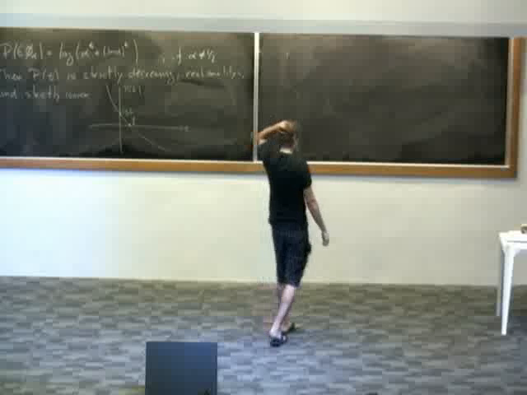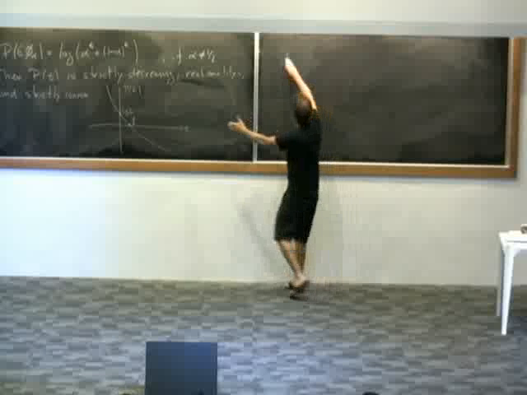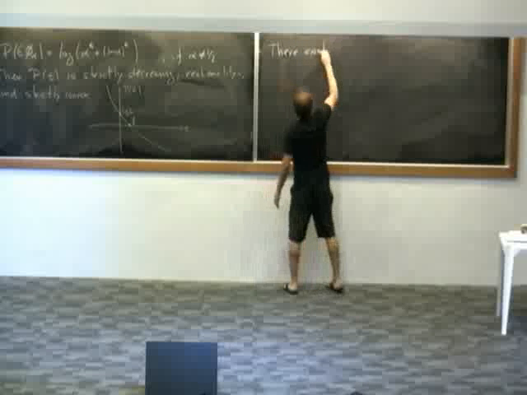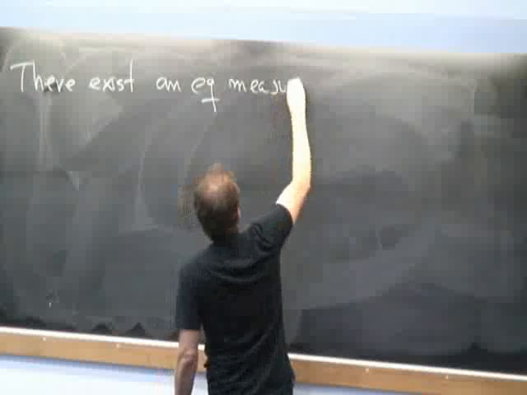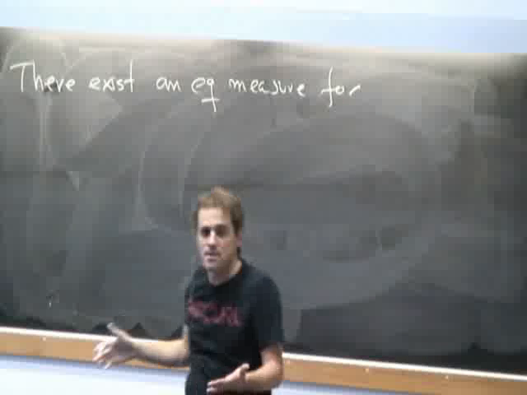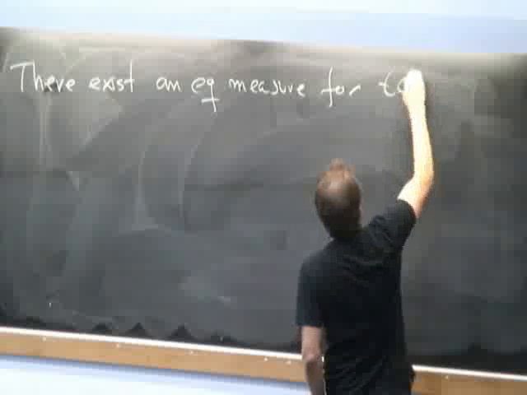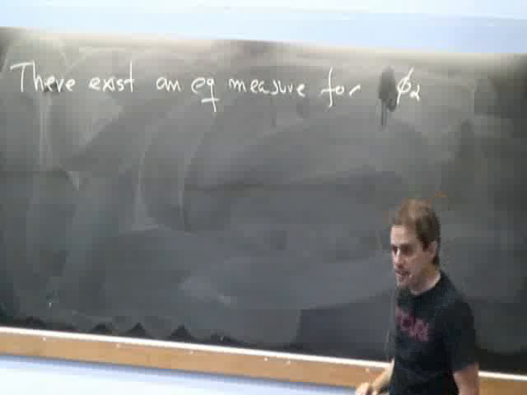Well, it turns out that there exists an equilibrium measure for every potential t times phi alpha, but I will be interested only in the case of t equal 1.